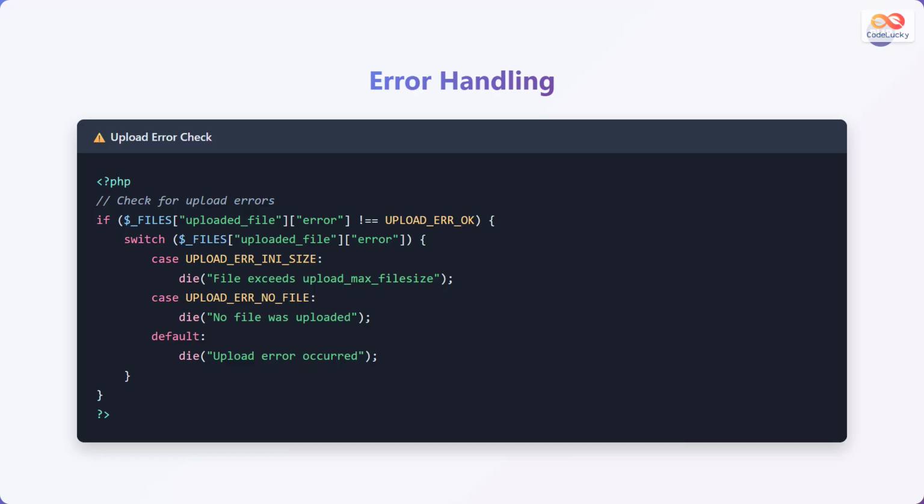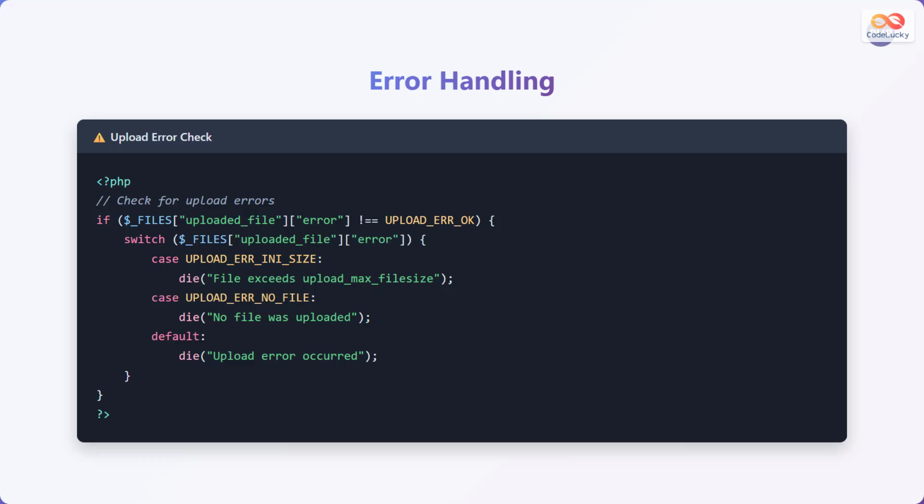The error handling begins with a check. If $_FILES['uploaded_file']['error'] is not identical to UPLOAD_ERR_OK, this condition checks if there were any errors during the file upload process. If an error is detected, a switch statement is used to handle different error codes. Let's examine the cases.